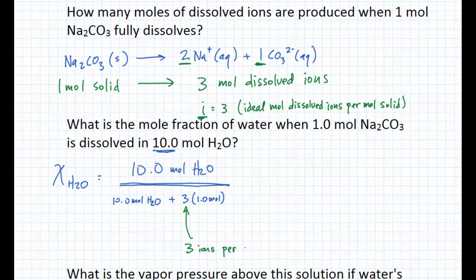Another way of thinking about 3 ions per formula unit. Okay. So it's 10 divided by 13.